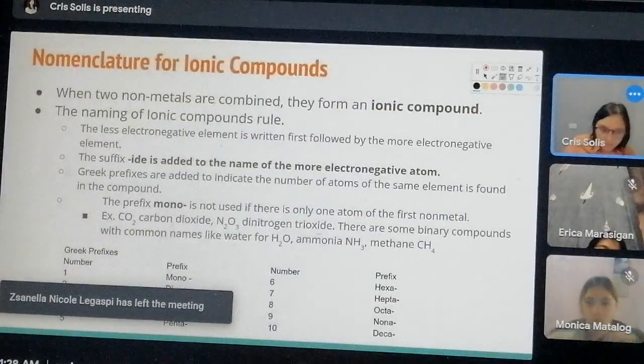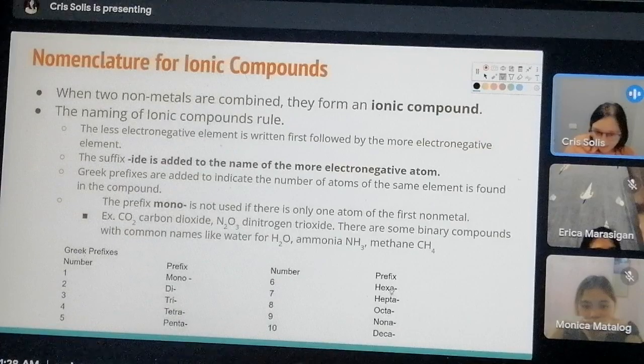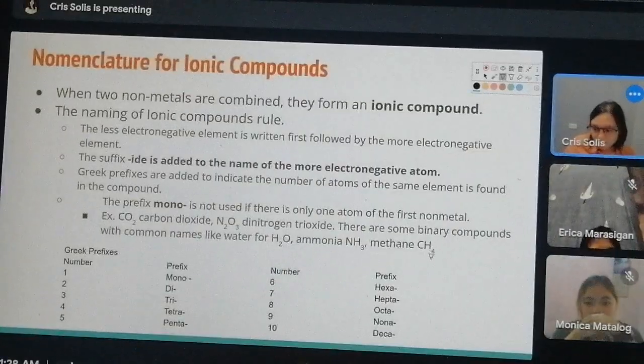But you have to remember the names. Pansinin nyo, from 4 hanggang 10, they all end in A. Tapos yung 2 at 3, I. Siyempre, one more na isa.